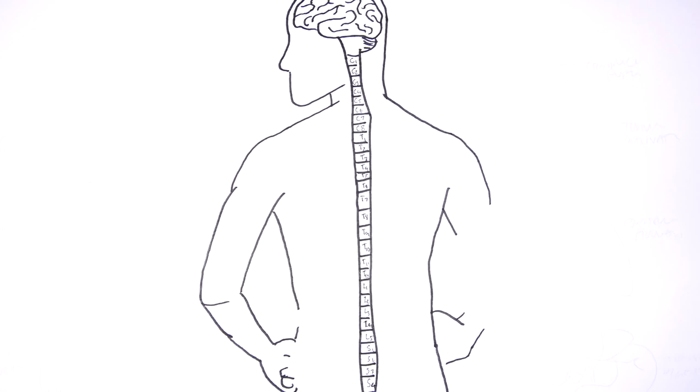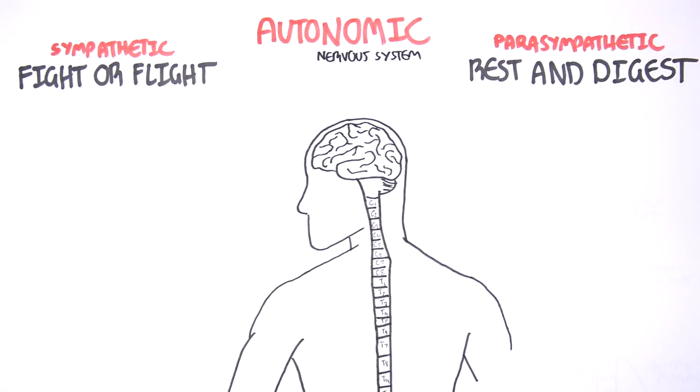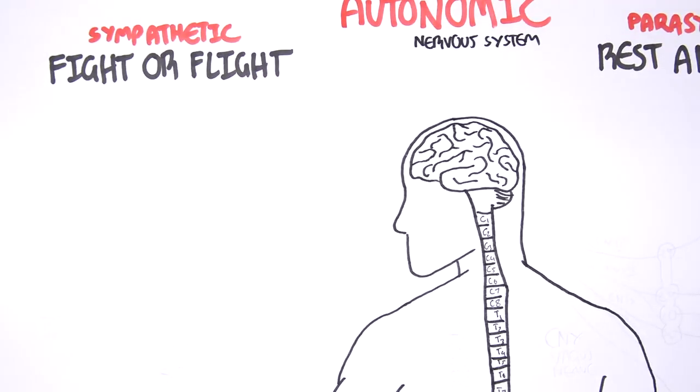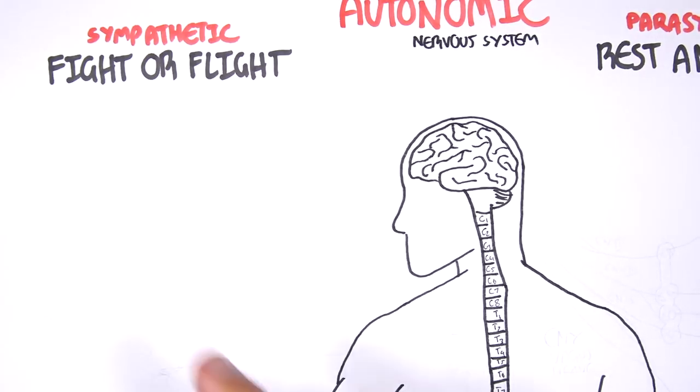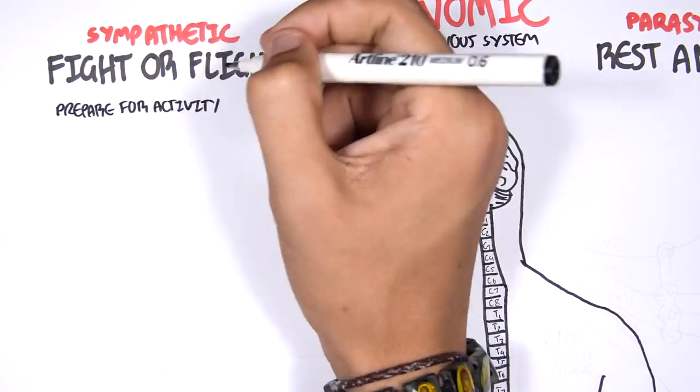Remember that the autonomic nervous system is involuntary and that we have no control over it. Now let us look at the purpose and function of the sympathetic and parasympathetic nervous system and how they differ from each other. So the sympathetic nervous system, for example, prepares for activity. It provides more glucose so you can have energy.